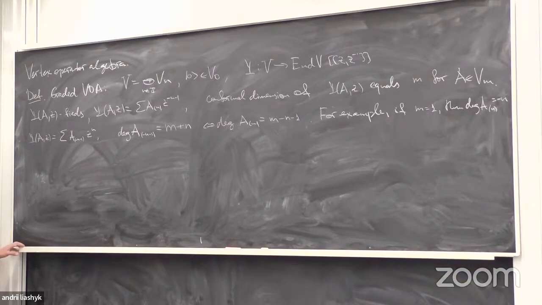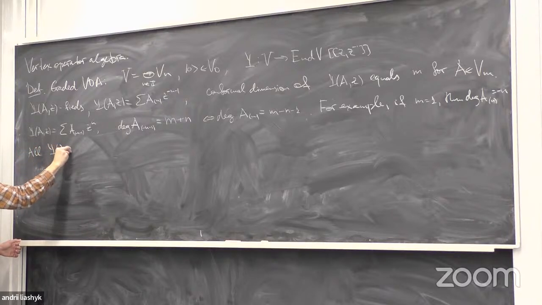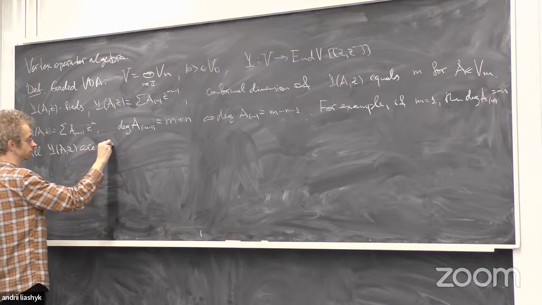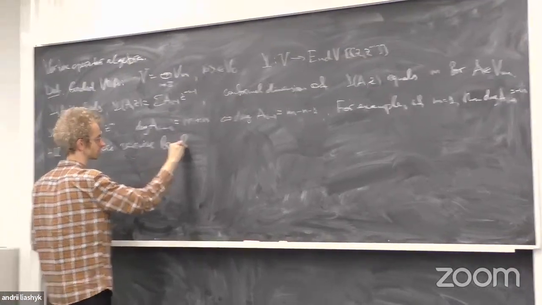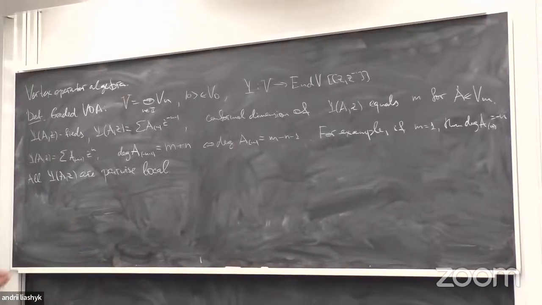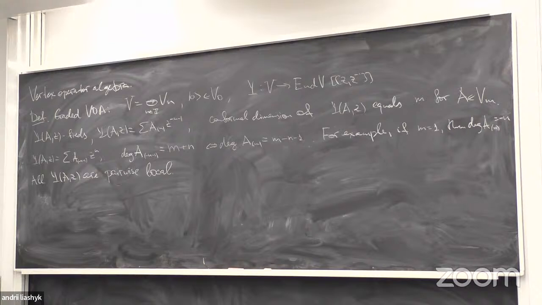Of course, the usual definitions of the vertex algebra do apply here. The most important thing is that all fields Y(a, z) are pairwise local. So this is the condition, and we also have conditions on Y applied to the vacuum, and so on.